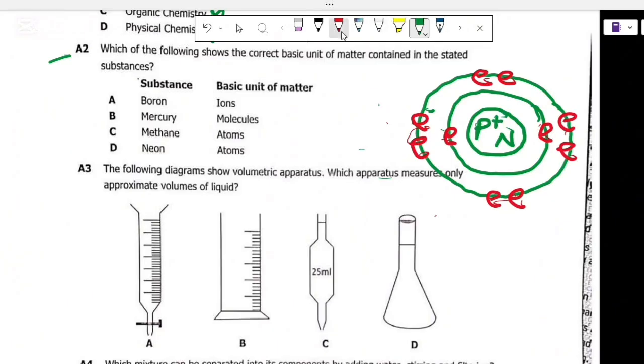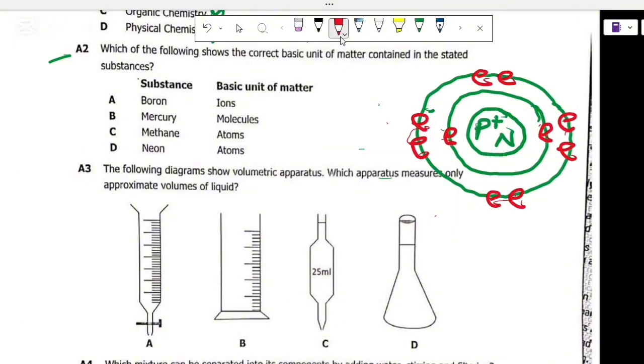Now, the next point that we have to understand here, this is the structure of an atom. This is the general structure. Because in an exam, you might be asked to draw the structure of an atom, and then they give you the name. First of all, you have to think that an atom contains three particles: protons, which are positively charged, neutrons, which are uncharged, and electrons, which are negatively charged.